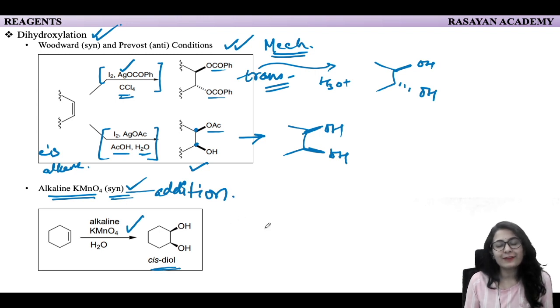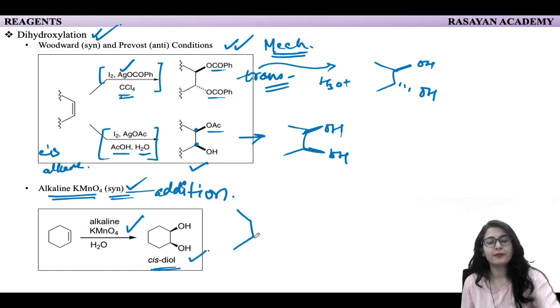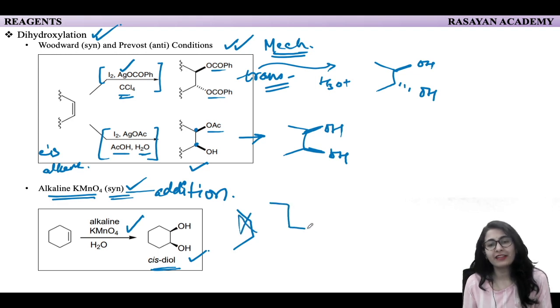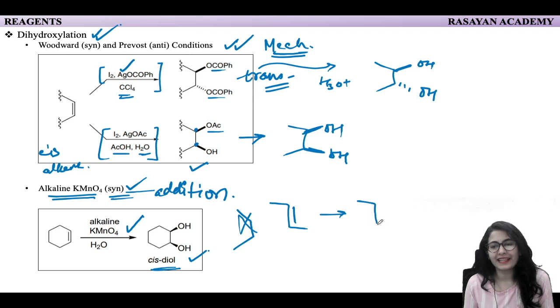Okay, now there is a common confusion: if we have a cis alkene we get a cis diol, but if you are having a trans alkene, for example, if you are having a trans alkene like this, how is the product going to look? Okay, so the oxidation has actually taken place from the same side. So the diol is going to look like this.